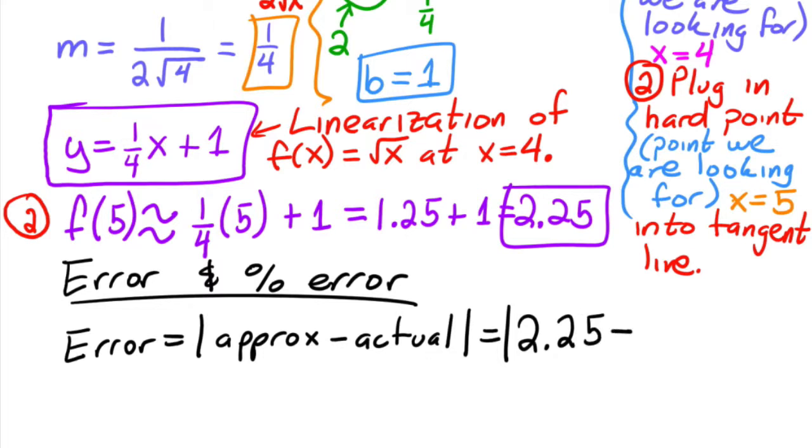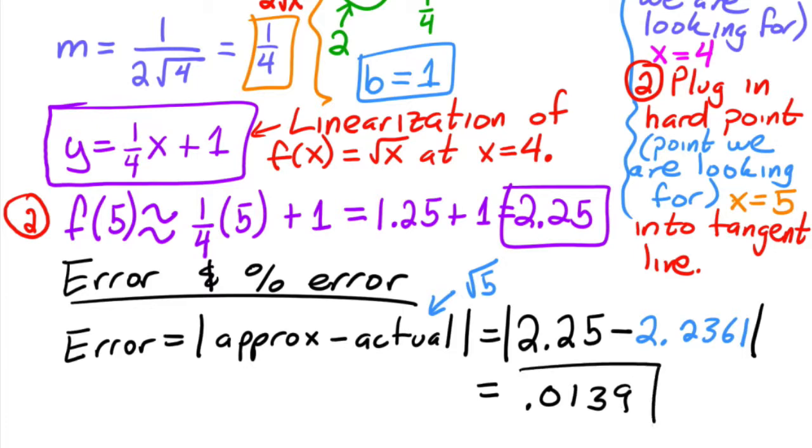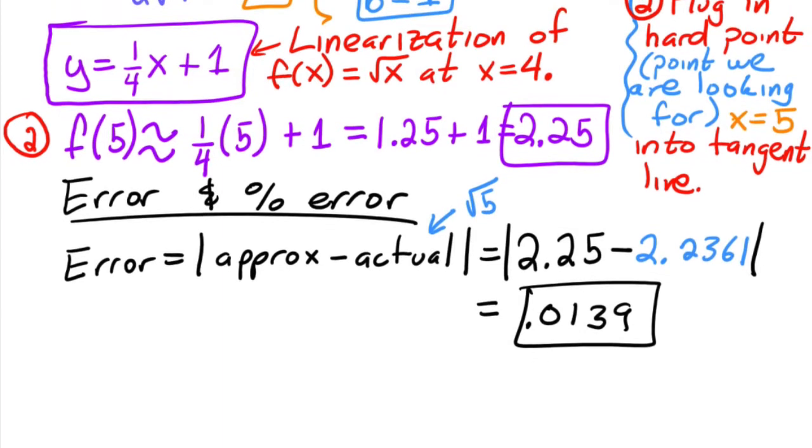You can get this by plugging square root of 5 into your calculator. If you do that, you would get 2.2361, rounded off to 4 decimal places. And this is equal to 0.0139. That's how far off you are. That's pretty close, I think.